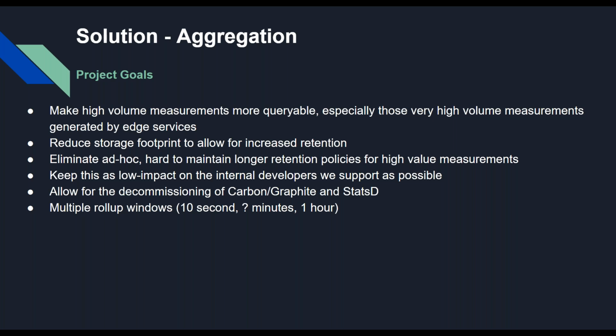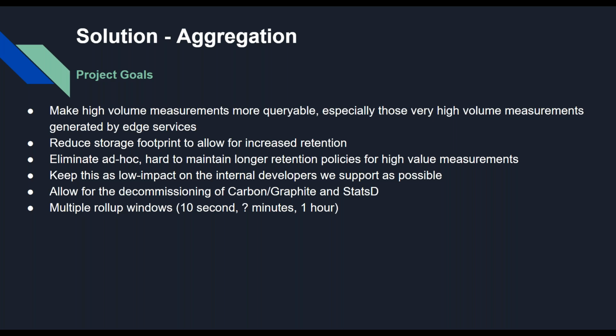So the initial project goals were really focused on making those high volume measurements that went through those big swings more queryable over long periods of time. Most of these are performance metrics coming from services at the very edge of our stack, where our end users of the website actually interact with the site.